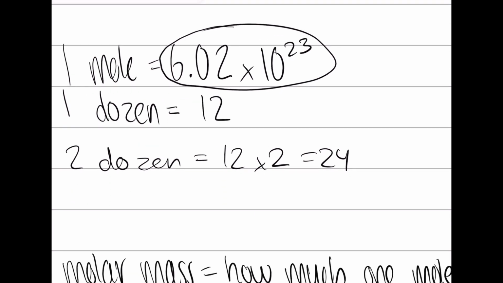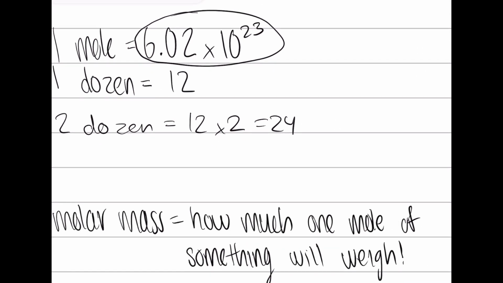And then from that, we can move on to something called the molar mass, which is how much 1 mole of something will weigh. Okay? And the reason that this is important is because in chemistry, all the molecules, all the elements are going to have different molar masses because they're made up of different sized things, okay?